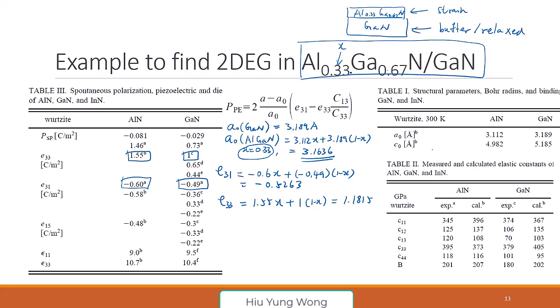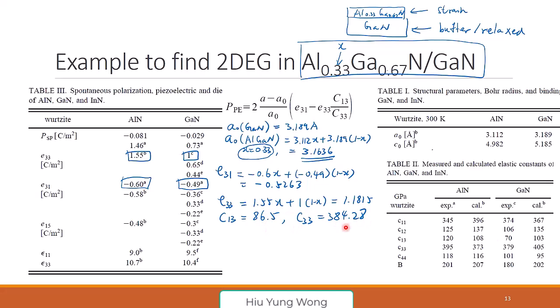How about C13? I just calculate all this. Because of time, let me just give you the number. It's not worth the time to go through the derivation because you just use the same methodology. I challenge you to do that. This is for you to check.